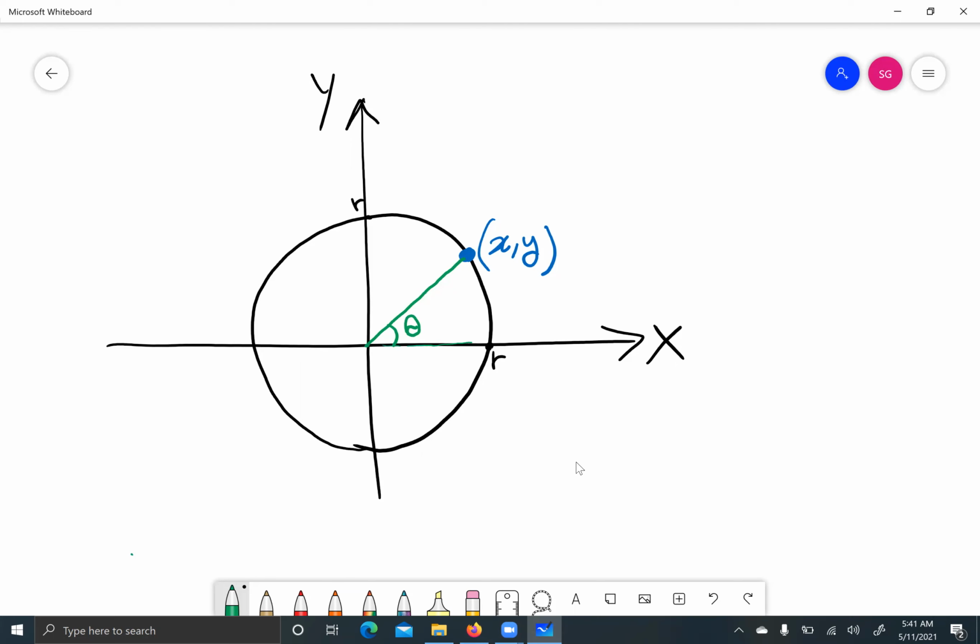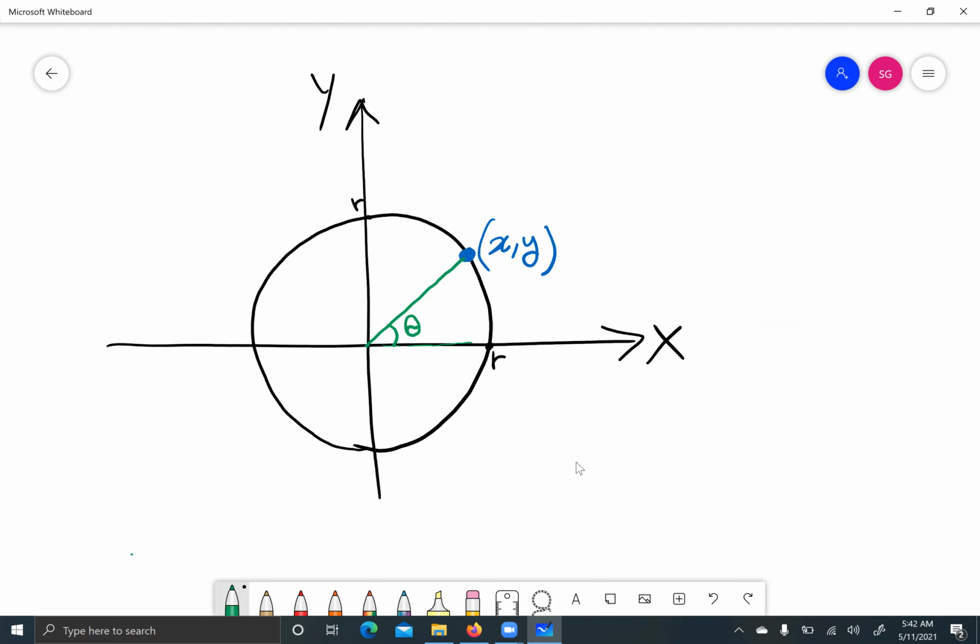That angle is unique, which means that if you fix a point on the circle, then the angle that it makes toward the horizontal axis is unique to this point. So when you have this point on the circle, you can either represent it by xy value, or you can represent it by this unique angle.